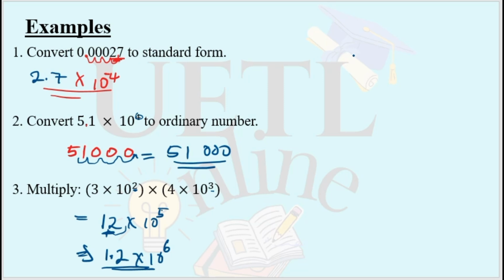Let me show you a trick that can help you to master these conversions very fast. Let's say our number is going to be a times 10 to the power n. This is a conversion to standard form.